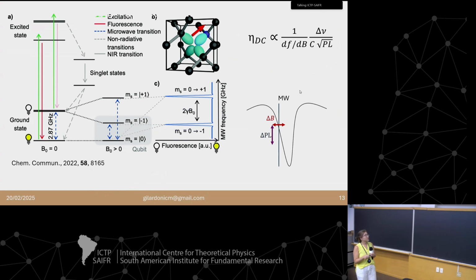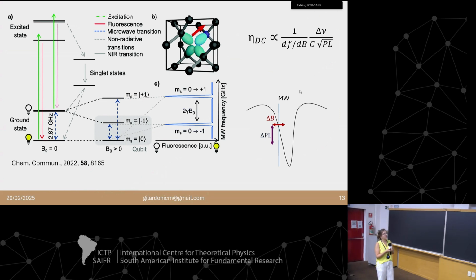So your contrast can be 100%, or 50%, depending on how you define it. Resonant excitation has other practical limitations associated with it, because then you need to filter photons and so on. So you can improve sensitivity a little bit, but you're not going to get to the femtotesla regime, I think.